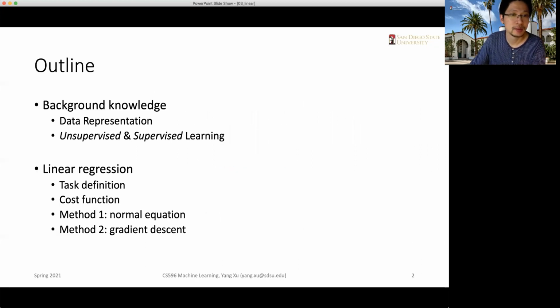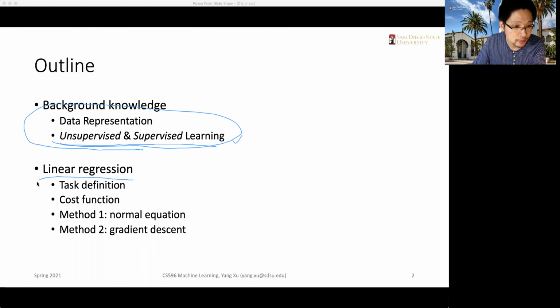So the plan today is to cover the data representation and the distinction between unsupervised versus supervised learning problems. I also want to cover the task definition and the concept of cost function for linear regression.